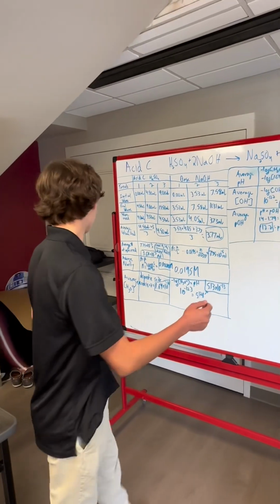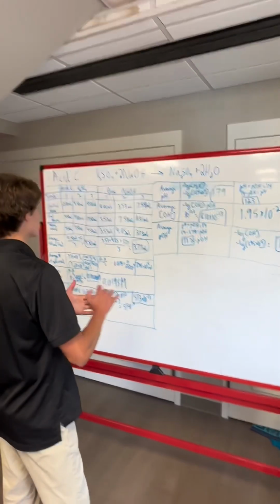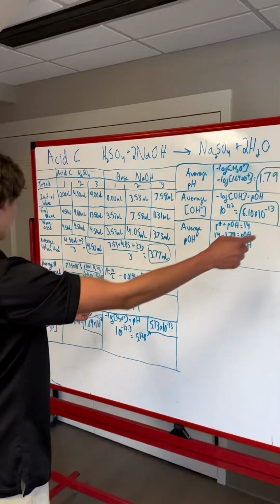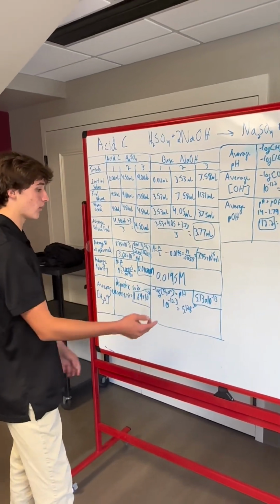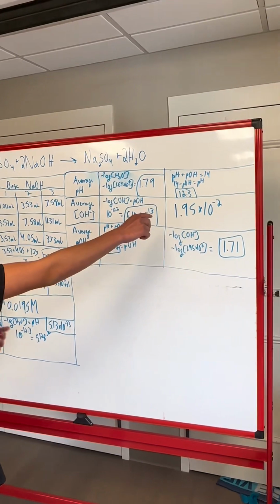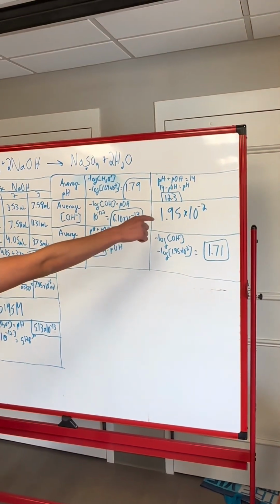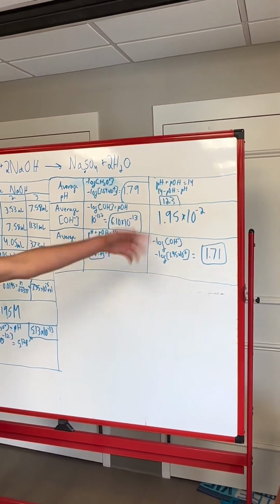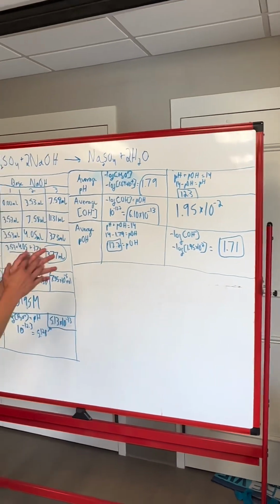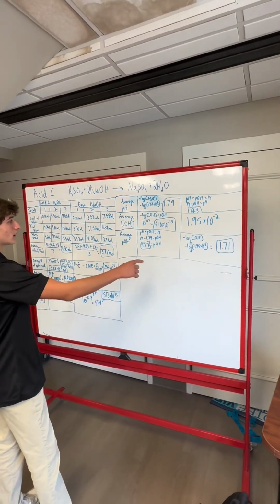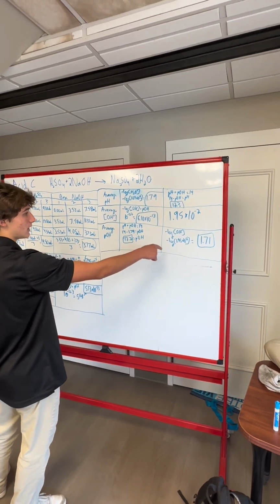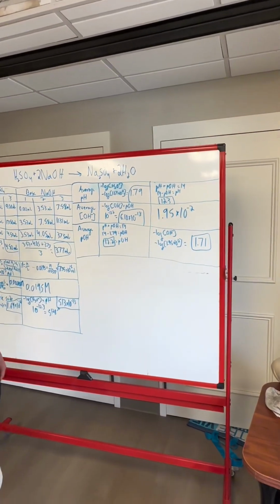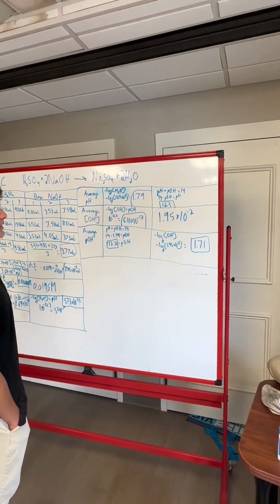So for finding the pH and pOH of the base, we will use the molarity for the base, which is 0.0195, and that will be the same as our average OH minus, which is obviously 1.95 times 10 to the negative second. And then to find the average pOH, we will take the negative log of this number to get a pOH of 1.71.